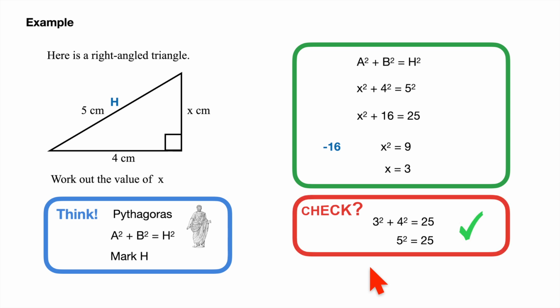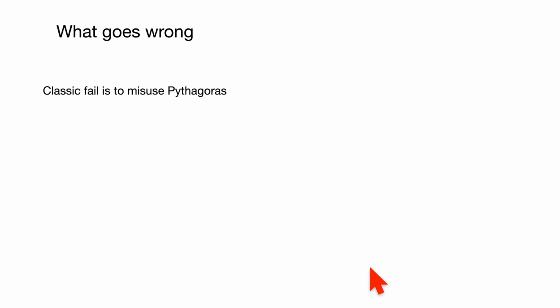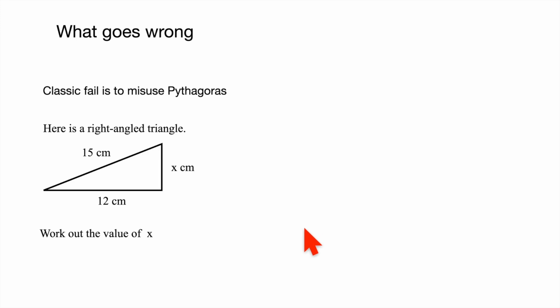What goes wrong? Well, there is a classic fail that crops up according to examiners' reports, and that is to misuse Pythagoras. So here's a right-angled triangle. Let's use Pythagoras, and if you've got a vague idea about what Pythagoras is, in the same way as a bus driver might have a vague idea of which side of the road to drive on, you might write it out like that and then go, okay, 15 and 12, 15 squared plus 12 squared equals 369.